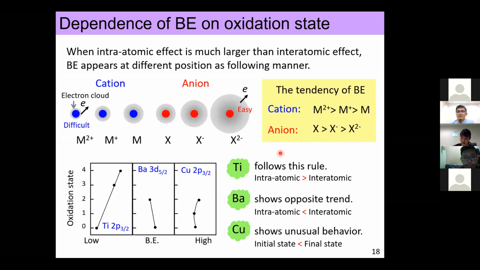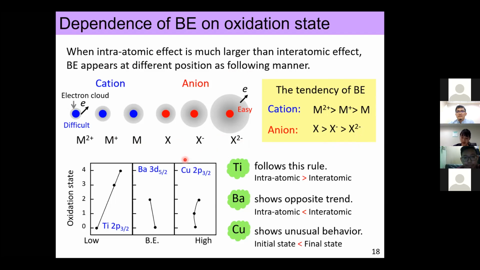In the case of anion, metal state has higher binding energy than monovalent, which has higher binding energy than divalent species. So this trend can be imagined through this illustration.